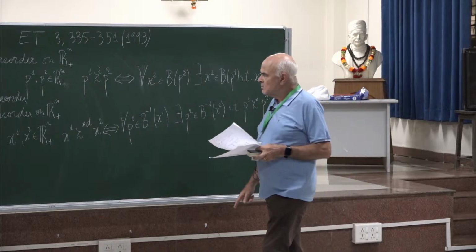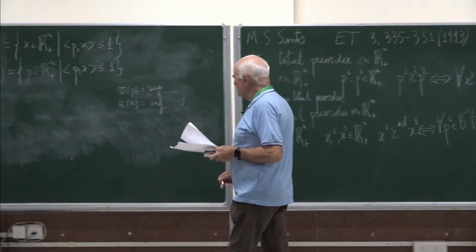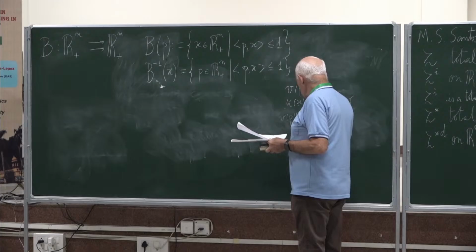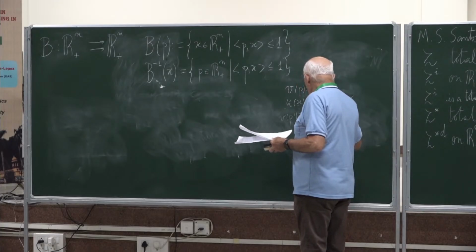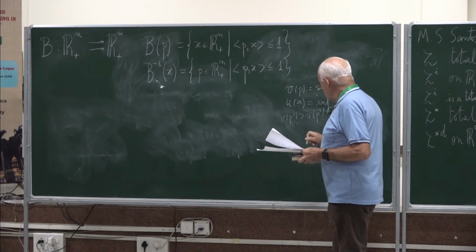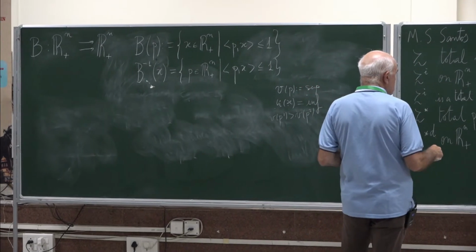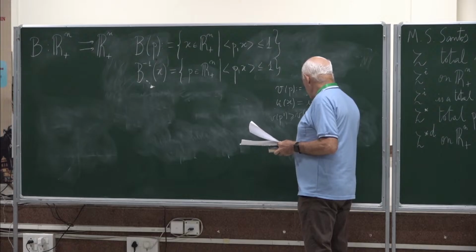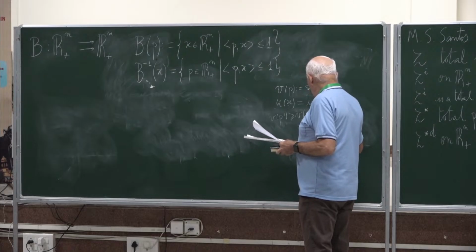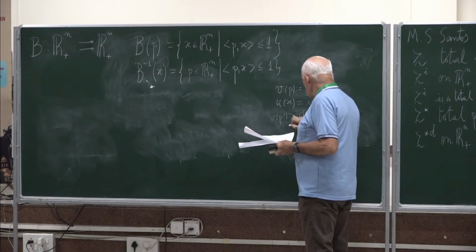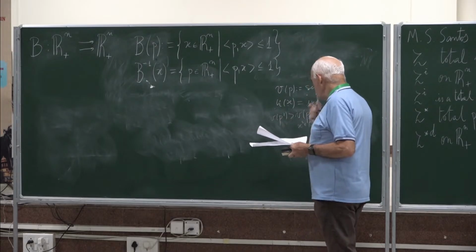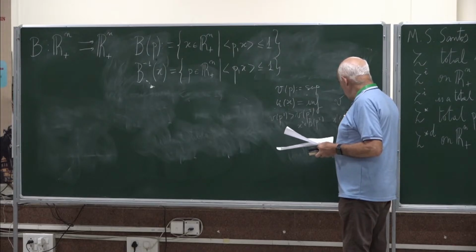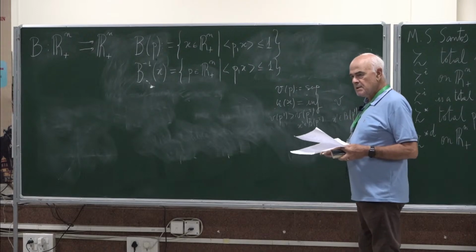I mean, what happens with a utility function? When V of p1 is greater, let's say, than V of p2, or equal, when for every x2 compatible with p2, suppose we have a strict inequality, I'm just getting inspiration from the functions, there exists x1 in B of p1 which is better.